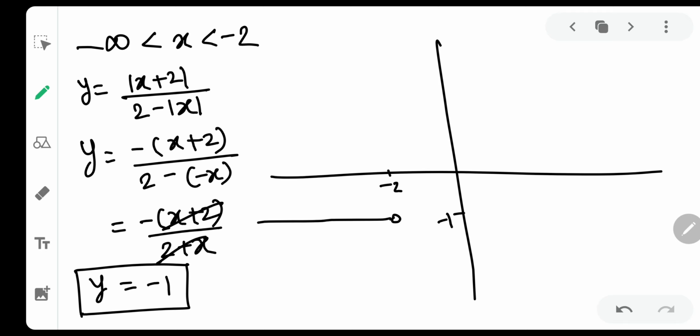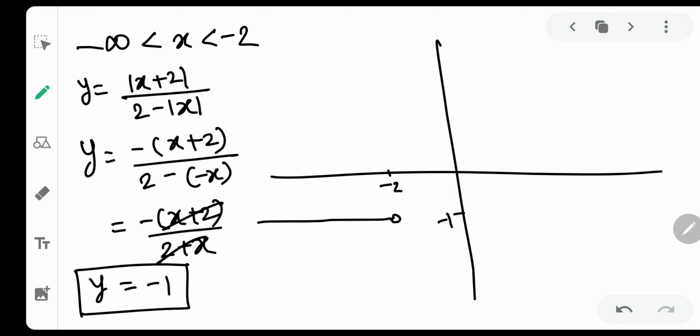So from minus infinity to minus 2, the value of f of x is consistently minus 1. At minus 2 what is happening? The graph is turning infinity because the denominator is 0. We have not calculated it, hence we will not yet consider it.